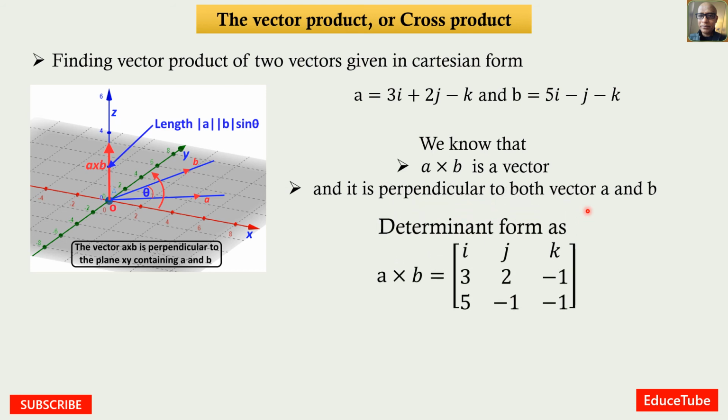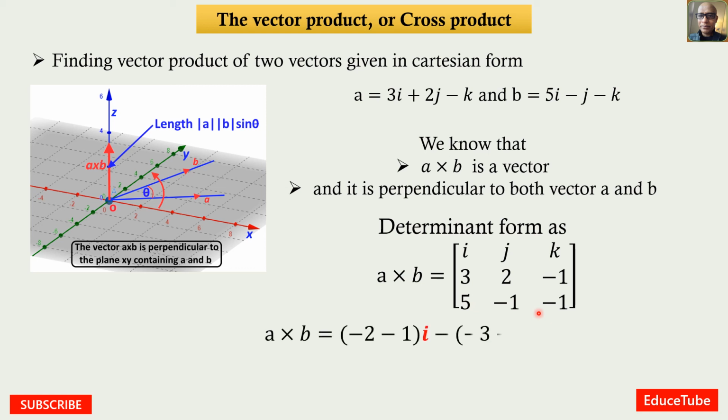And in the previous slide we have seen A cross B, these two, we can write like this, i, j, k. So there will be 3, 2, minus 1, a1, a2, a3, and b1, b2, b3, it will be here 5, minus 1, minus 1. Now we need to calculate this determinant.